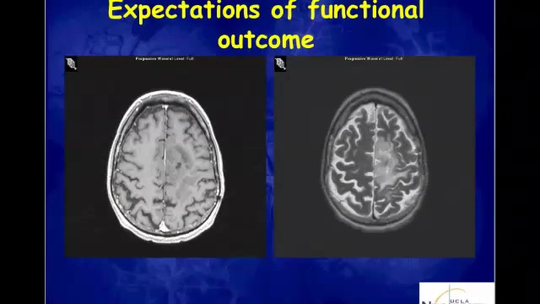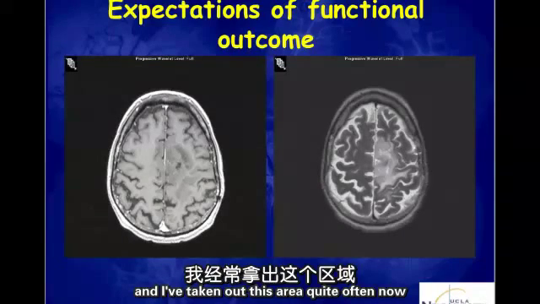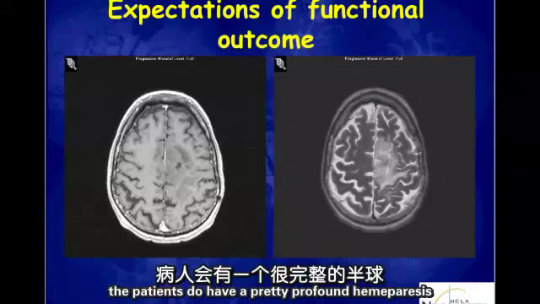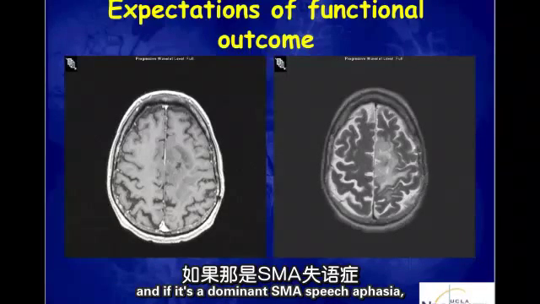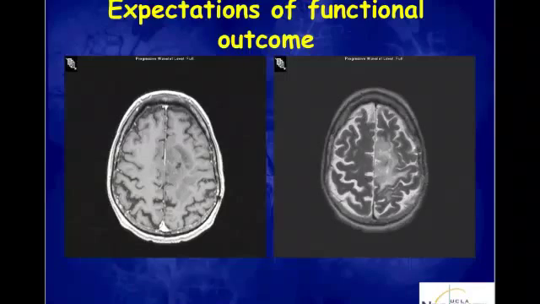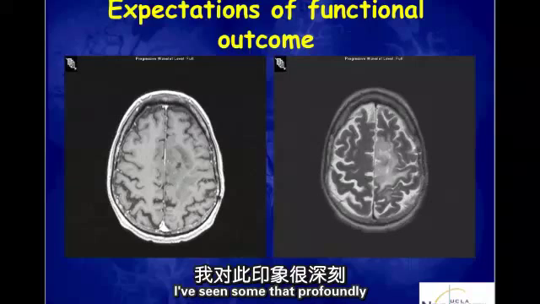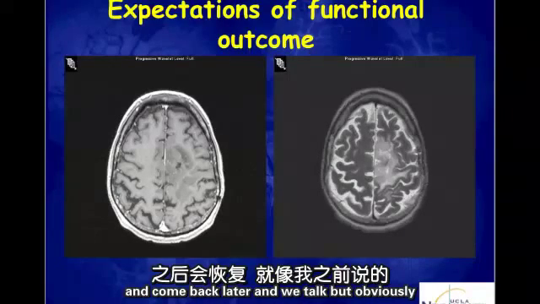Right. So this was his supplementary motor area, and I've taken out this area quite often now, and more often than not, the patients do have pretty profound hemiparesis, and if it's a dominant SMA, speech aphasia. It usually lasts about 3 days to 3 months. I've seen some that just profoundly don't say anything for 3 months and then come back later and do talk.